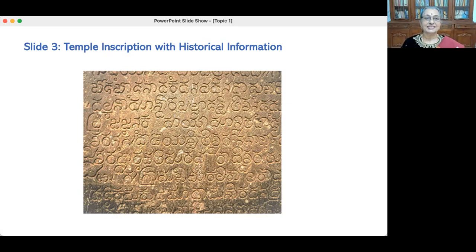Slide 3 is an example picture of the temple inscription that records historic data of the name of the ruler, the amount donated by the donor, and such other details. Temples, water tanks, and residential halls were built in the major cities, trade routes, and banks of rivers, which attracted many devotees.